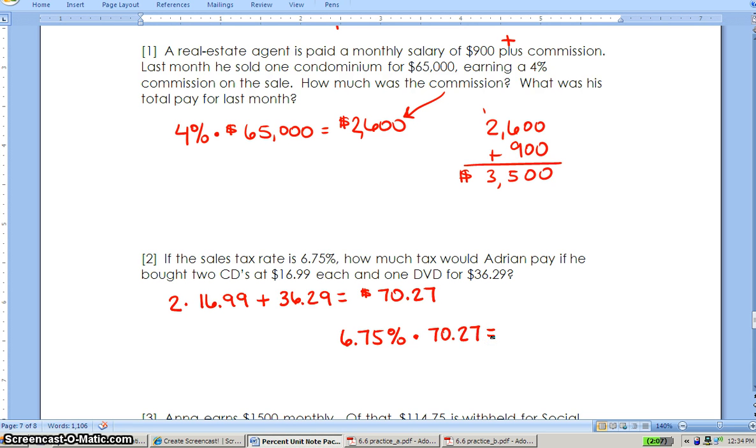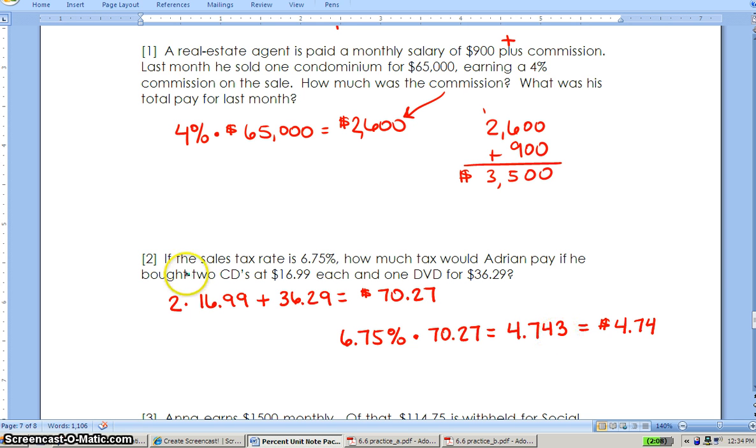So $70.27 times 6.75% equals, oh no, freak out, I get a decimal, 4.743. In dollars and cents, we would round that to 4.74. Remember, 4 and below, you keep it the same. 5 and up, you round up.